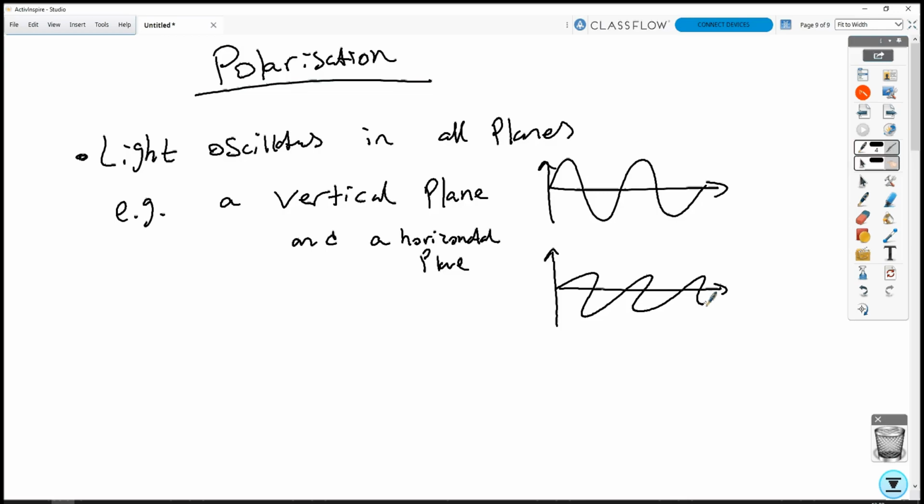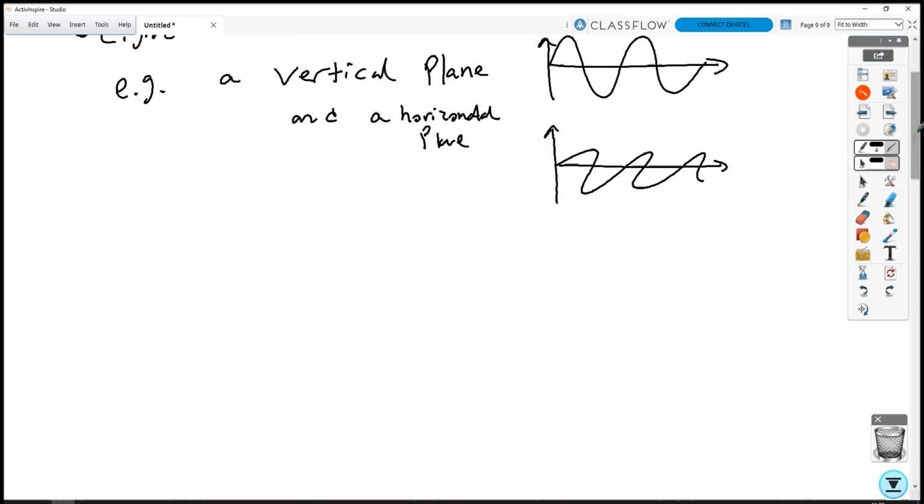So if we were to look at all the waves of light, what it's actually doing, if we were to look at it from behind as it's moving forward, if we were following it from behind, it would look something like this. And it's moving into the paper, in this case into the whiteboard.